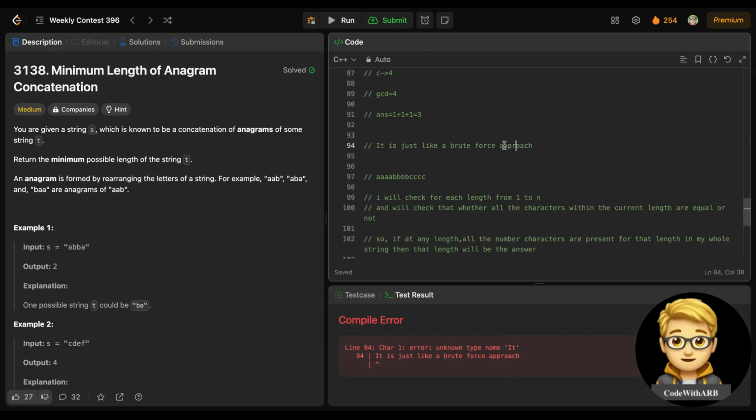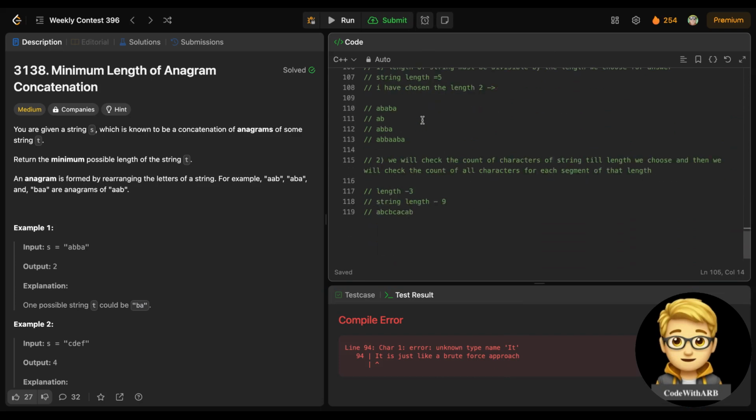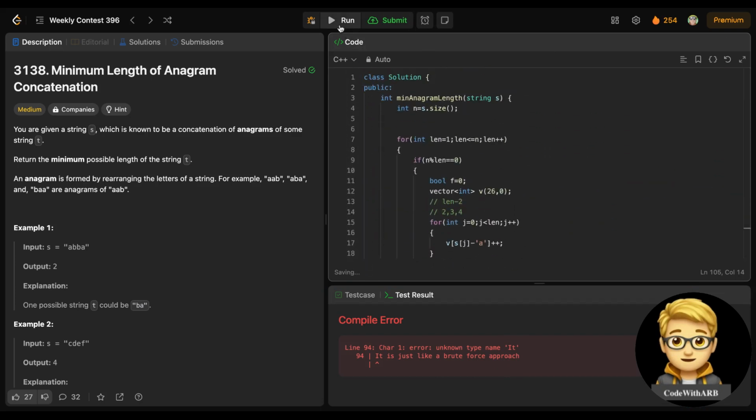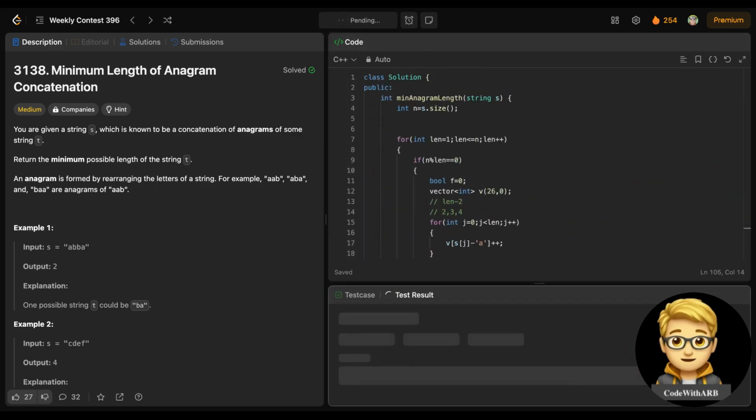Okay, now run this. Some net issues are there.